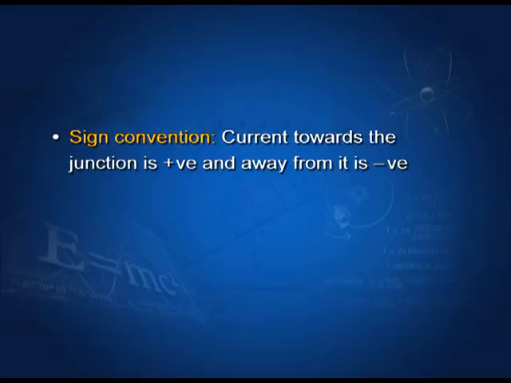As per the sign convention, the current towards the junction is taken positive and away from the junction is negative. That is why in the previous diagram I have taken I1 and I2 to be positive and I3 to be negative. So, I1 plus I2 minus I3 equals 0.